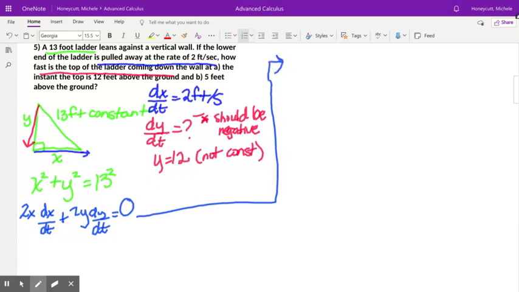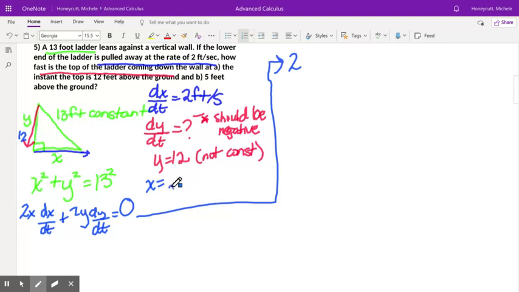So I'll have 2x. I don't know x, but I can find x because when y is 12, I can use the Pythagorean theorem to figure out x. So x squared plus y squared equals 13 squared.